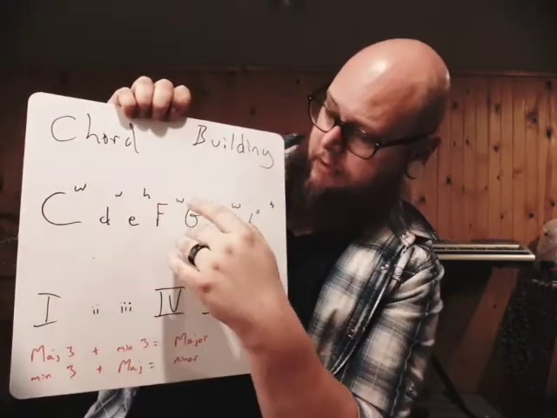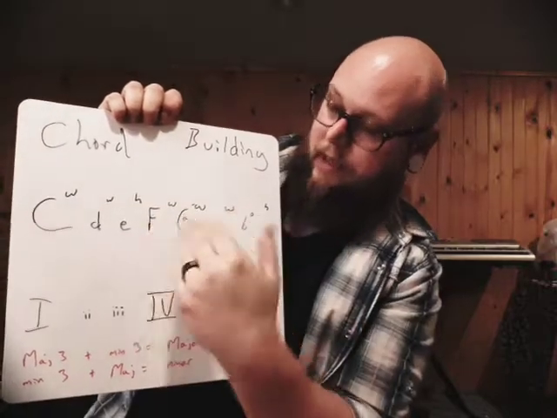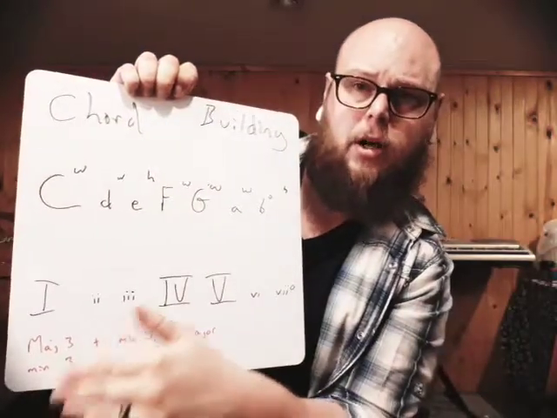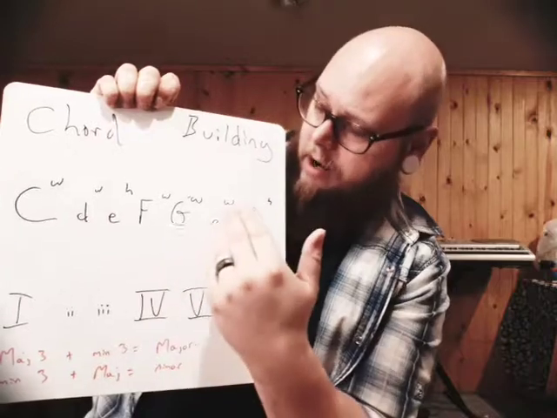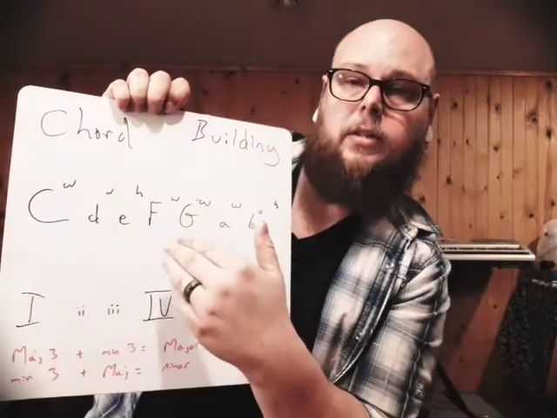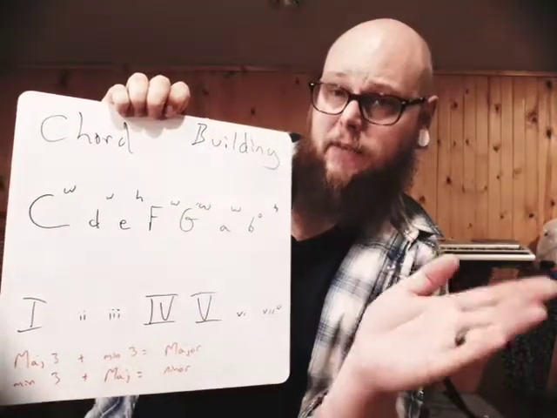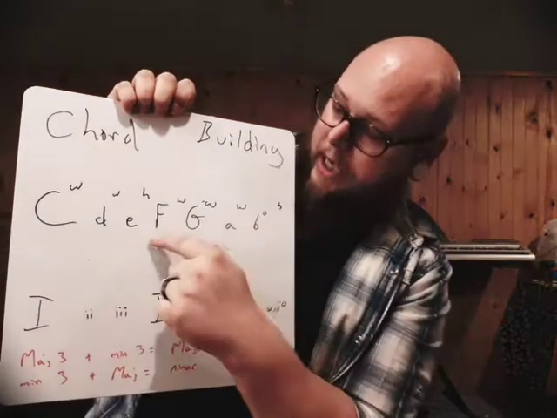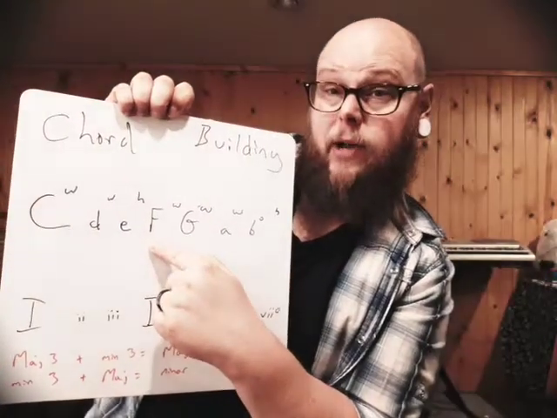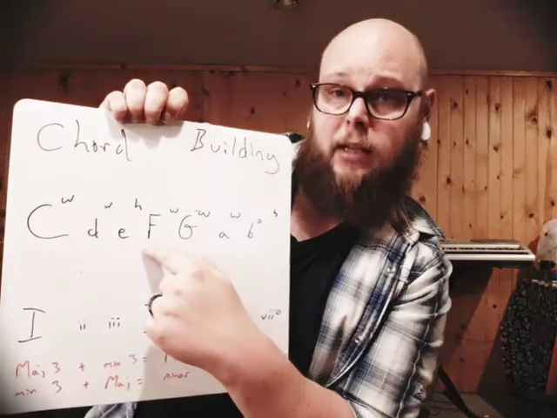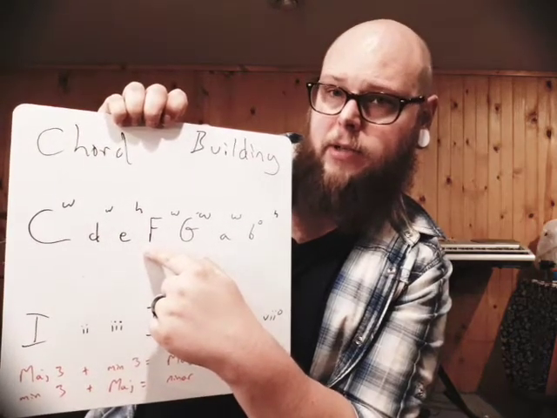Successions of thirds. Anywhere you start here, and we're in a key. We're in the key of C. No sharps, no flats. So if you start from any one of those notes and build in thirds in the key of C, you're going to get the chord quality that I wrote down. That F chord in the key of C is always going to be a major chord.